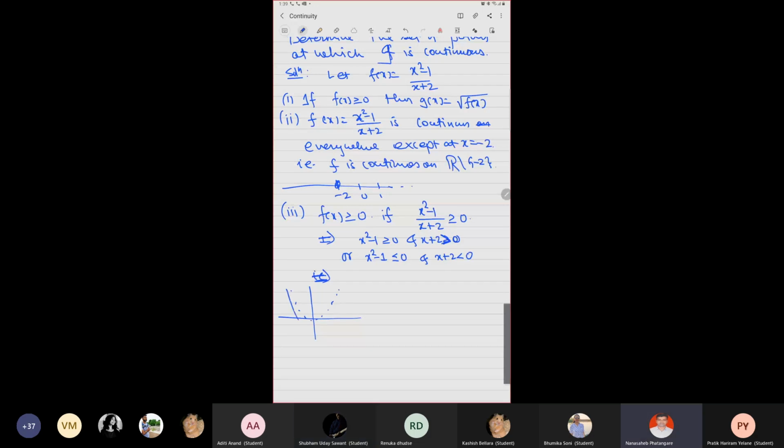This is a graph of x square minus 1, and this red part is positive.